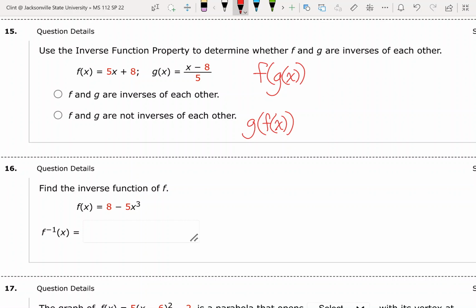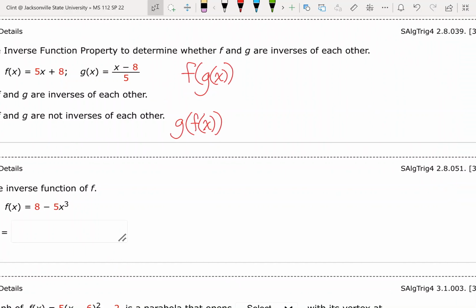And if both of these simplify out to x, so if this one equals x and this one equals x, that means they're inverses. If either one comes out to something other than just x, they're not inverses.